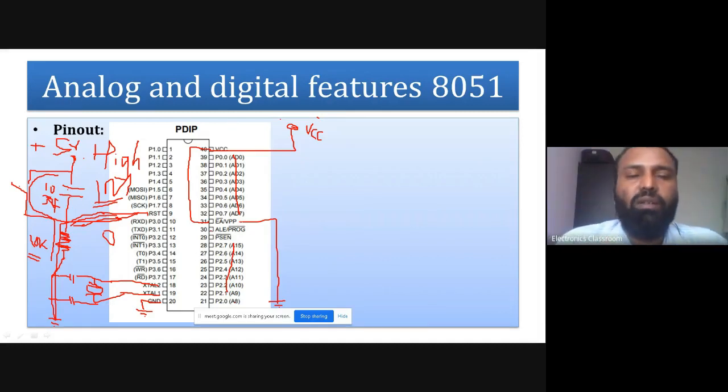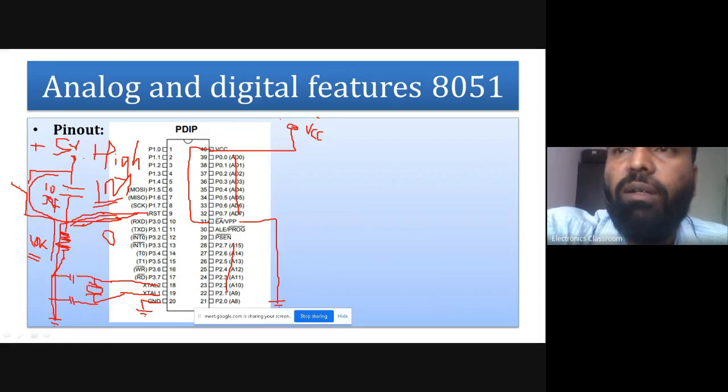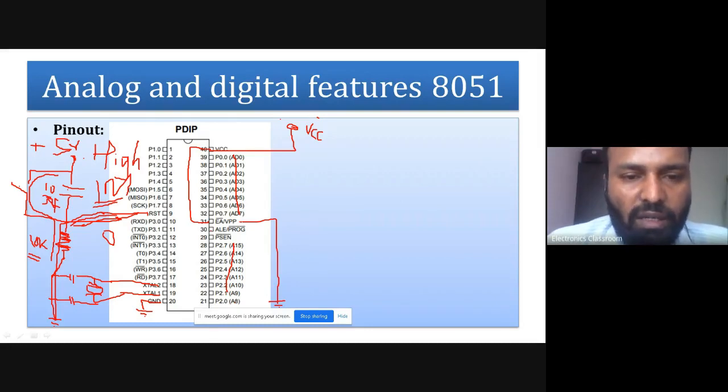Okay, I will give you a task today. I will also post this task in Google Classroom. Draw an application circuit diagram to interface a single LED to any port pin.